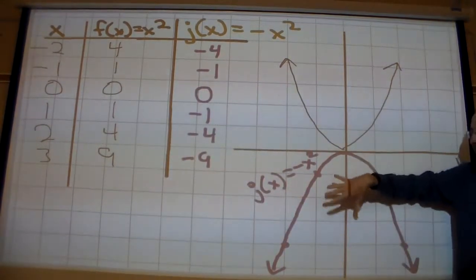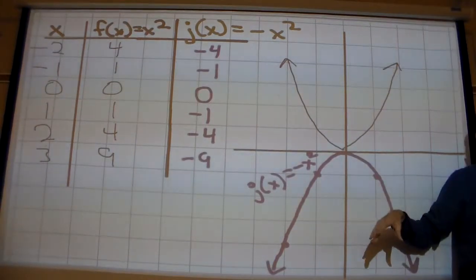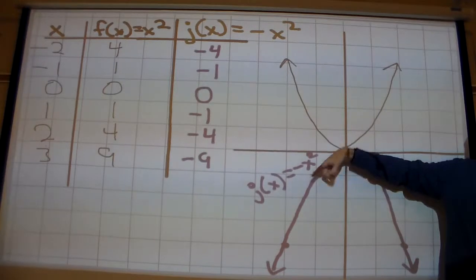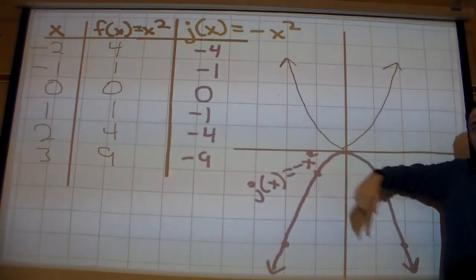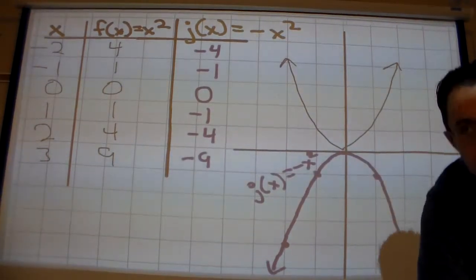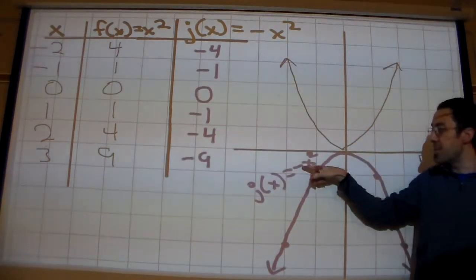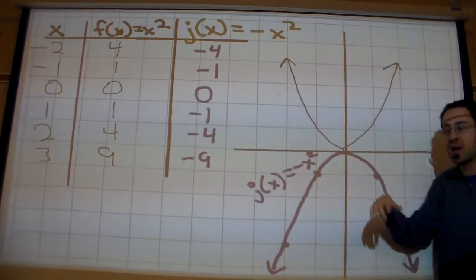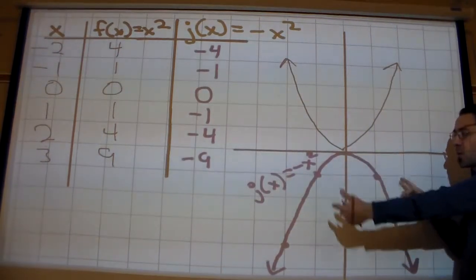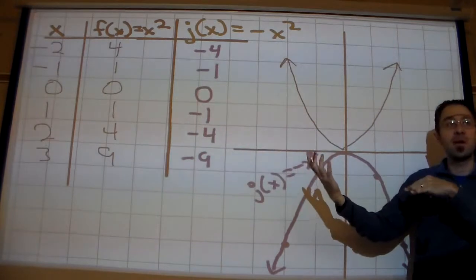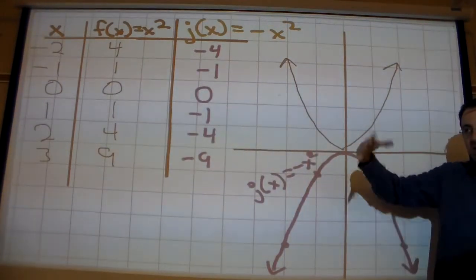Now if I stayed down here in negative, if I was in a continual bad mood, if I then made it negative 2x squared, it'd still be facing down, but what would the 2 change? Did it make it more steep? And stretch it down like we had before. If I made it negative 1/2 x squared, it's going to press it down, it's going to open up. So as we change the shape of it by the number out in front, the negative also changes which way it faces.